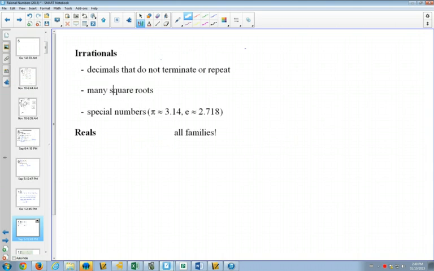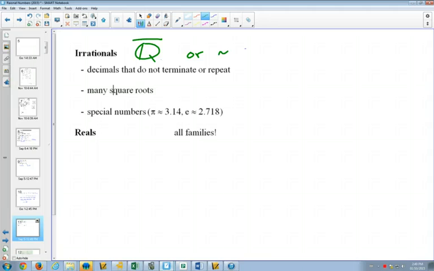The last families, irrationals and then reals. The symbol for irrationals is a Q like rational numbers, but then we put a bar over top of it, and that means not rational.